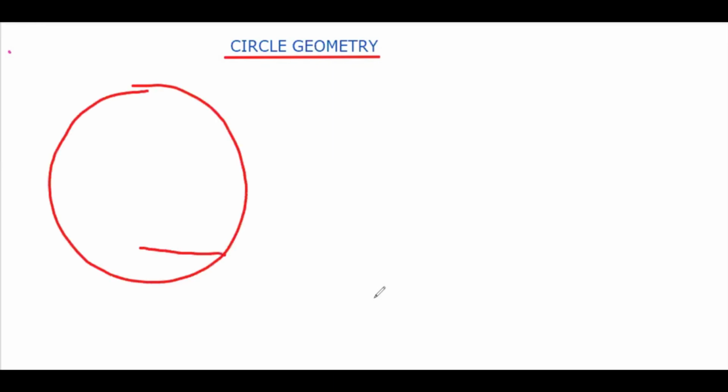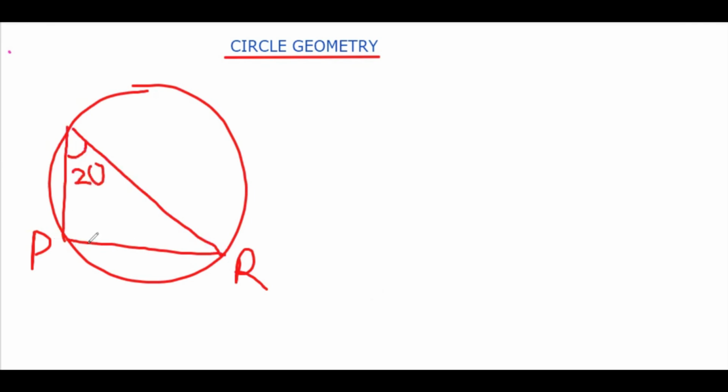For example, we have this chord PR. It is PR that sustains this 20 degree angle. PR is the one facing the angle, the one that sustains it. Or you say this minor arc PR sustains this 20 degrees.